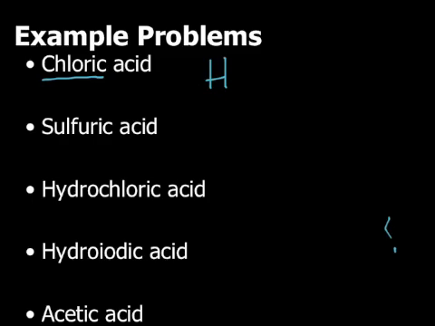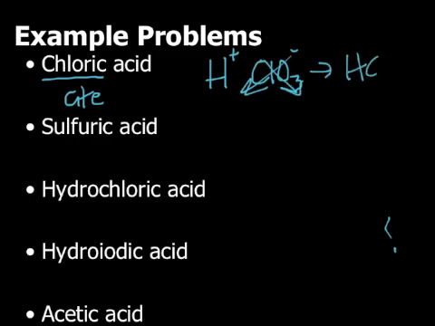Chloric, ic came from ate, so my polyatomic was chlorate, which was ClO3. H is a +1 when it's in front. Chlorate is a -1. I crisscross charges, and this becomes HClO3.